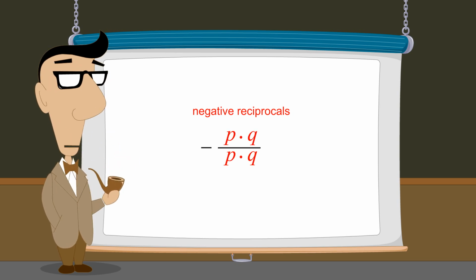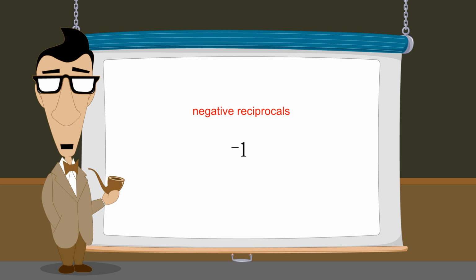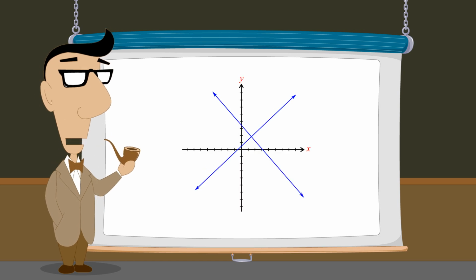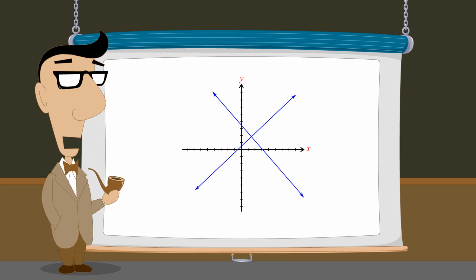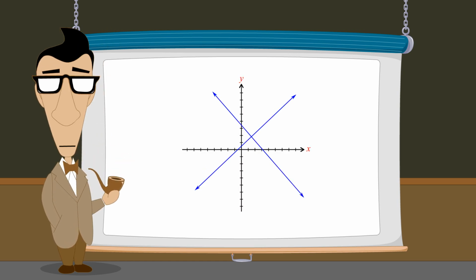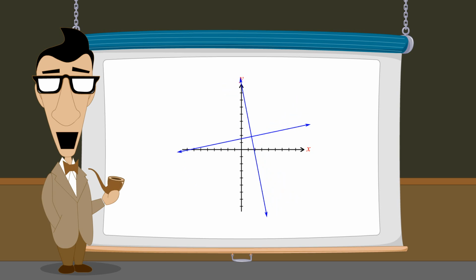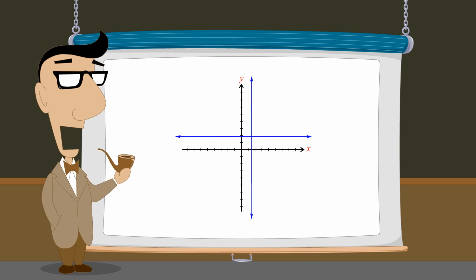So the fraction is equal to negative 1. These two slopes are therefore negative reciprocals of each other. This is true for any two perpendicular lines. That is, unless one of the lines is vertical, since a vertical line's slope is undefined.